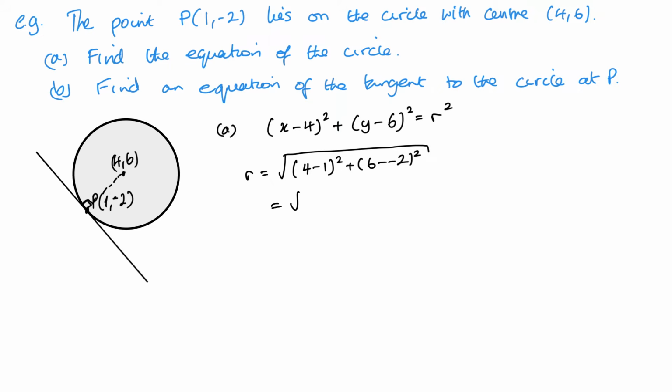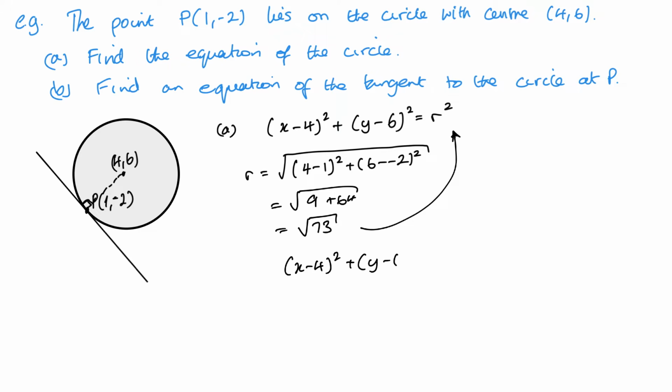So 4 minus 1 is 3, squared is 9. 6 plus 2 is 8, squared is 64. So I've got the square root of 73 here. When I go back up into my equation, it's r squared I want. So we've got x minus 4 squared plus y minus 6 squared equals 73.